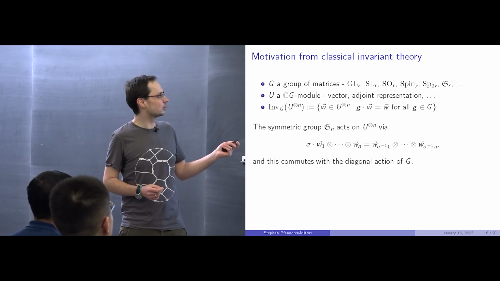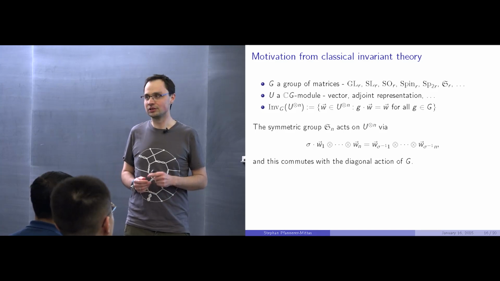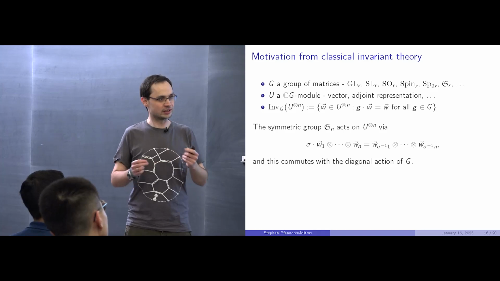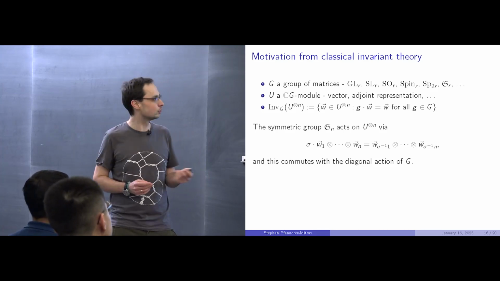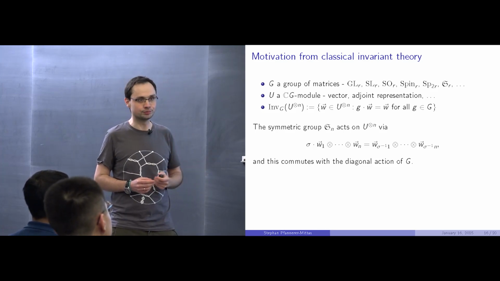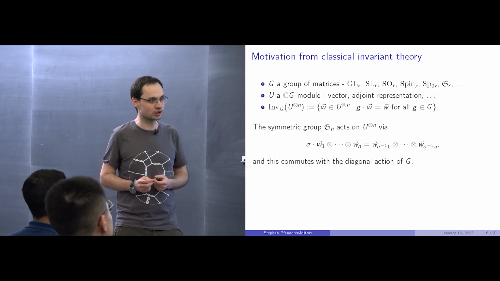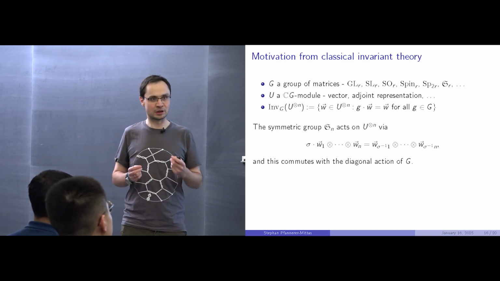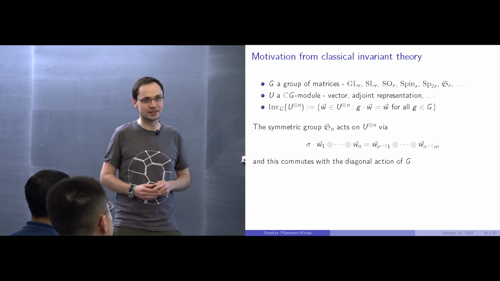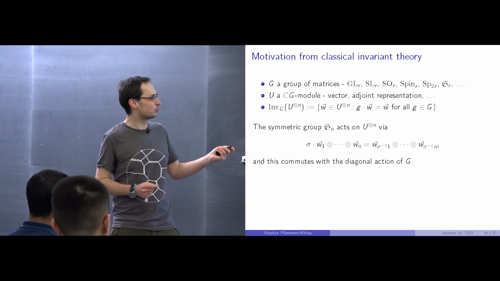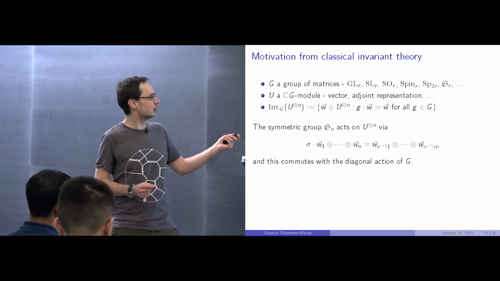So when you take your n tensor copies, you can always permute your tensor positions, and this gives you an action of the symmetric group. And this action commutes with the action of G on that tensor product.